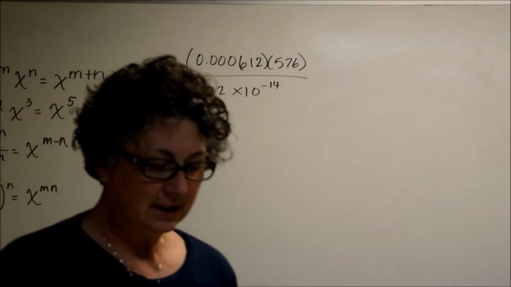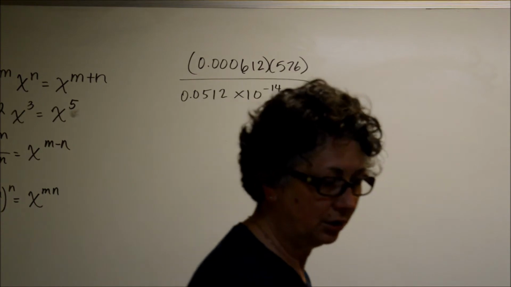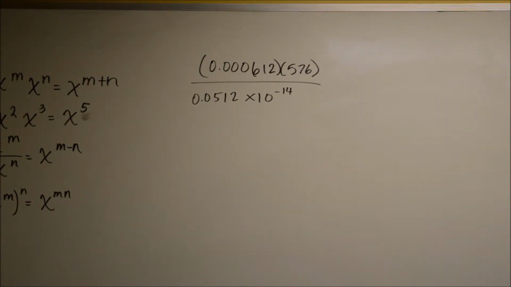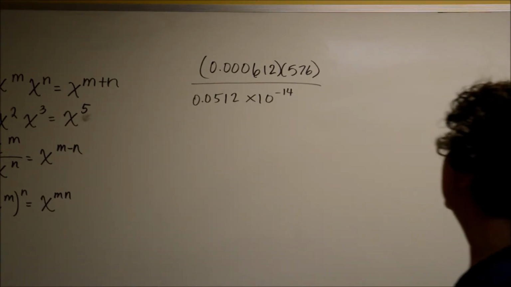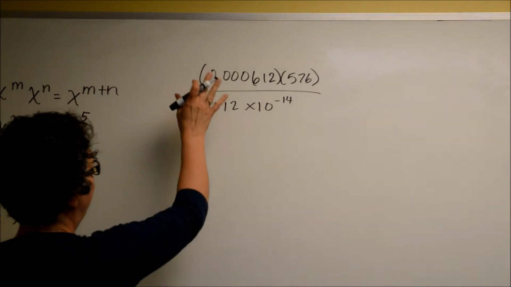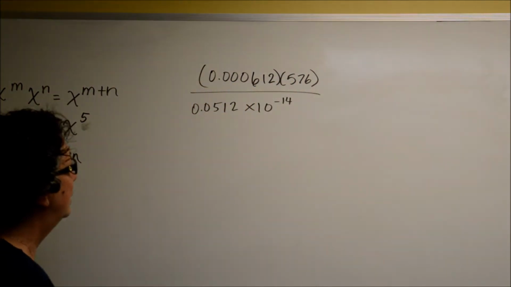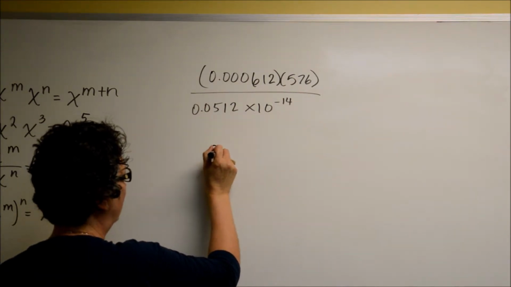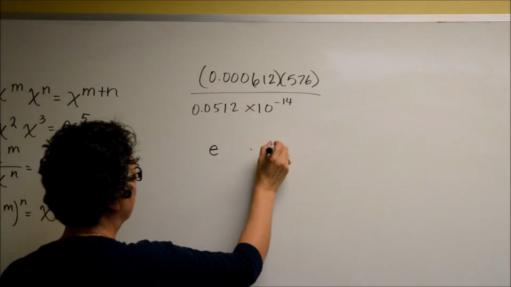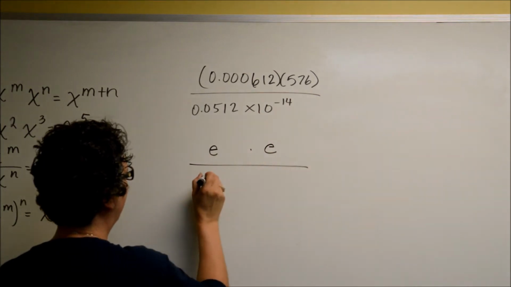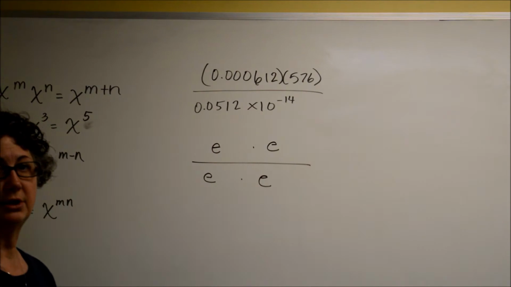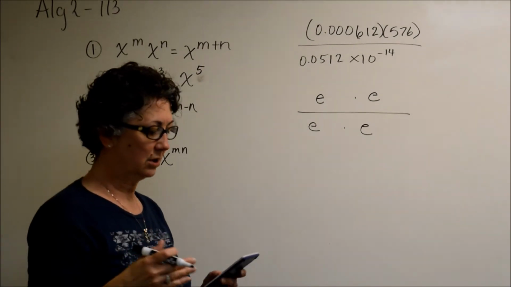Your instructions say to use your natural log on your calculator to figure out what this value is. So what we're going to do is write each of these as a power of e, and then we can just add and subtract our exponents.